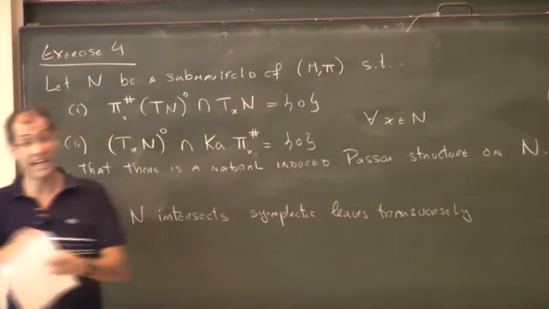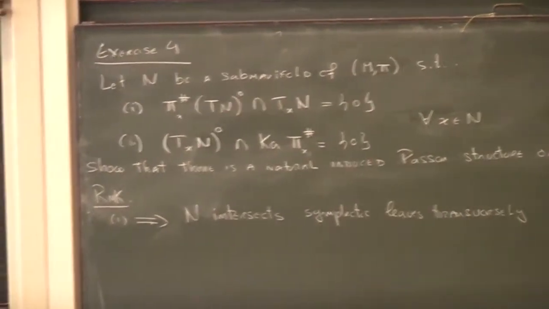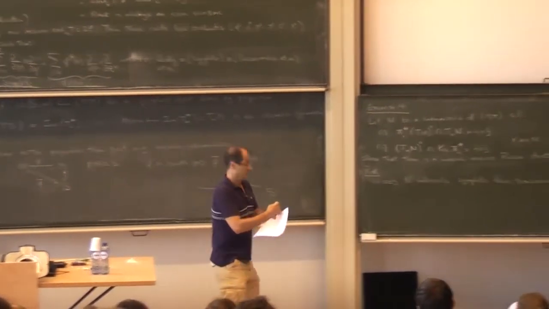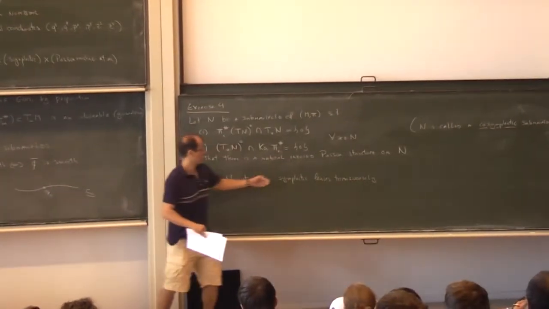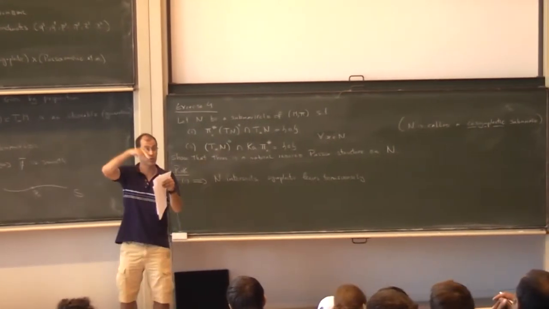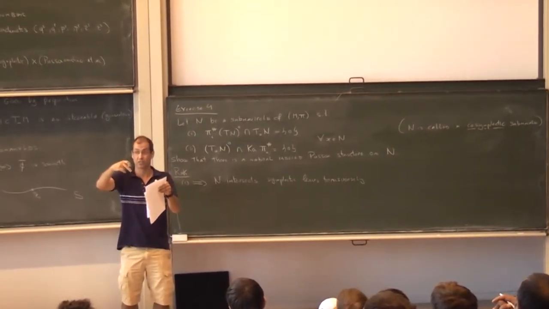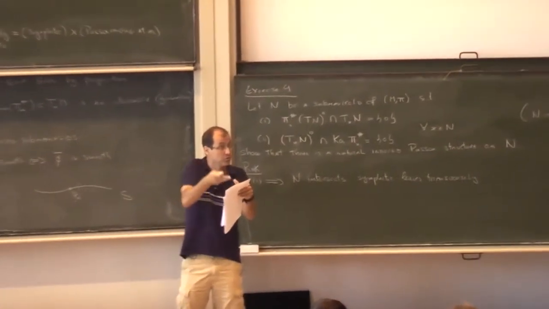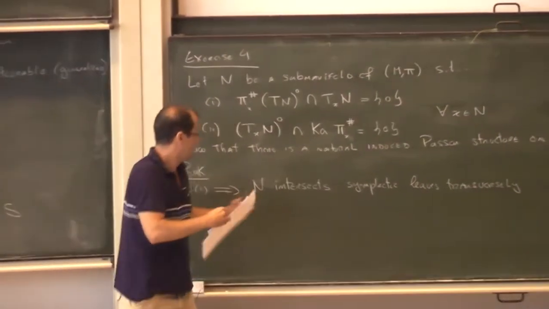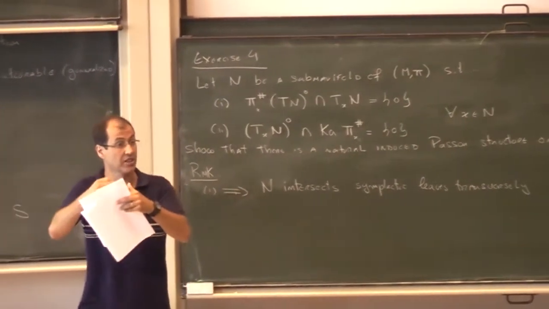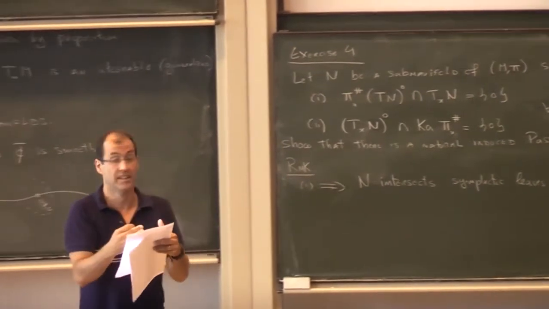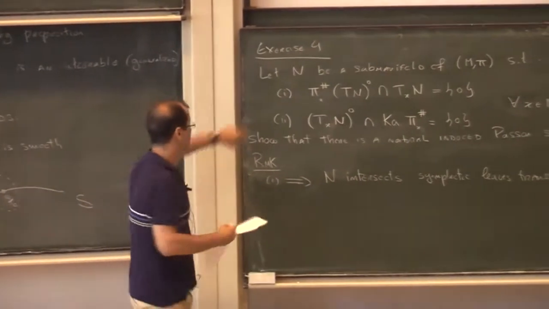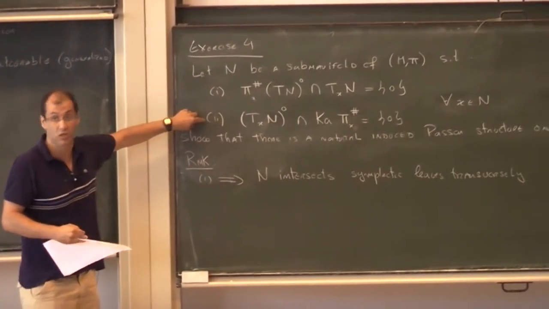That means that N is itself a collection of submanifolds, the intersections with the symplectic leaves that it meets. N intersected with a symplectic leaf gives a submanifold of a symplectic leaf, so there is an induced closed two-form: you pull back the symplectic form to this submanifold. So N is a collection of submanifolds, each coming with a closed two-form. There is no reason why this closed two-form should be non-degenerate. The second condition guarantees that it is non-degenerate.